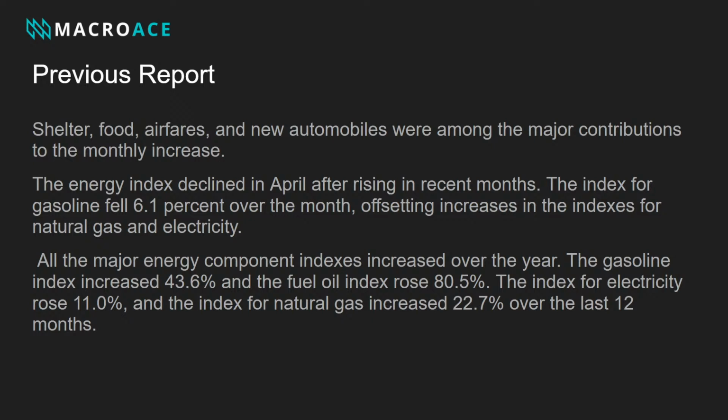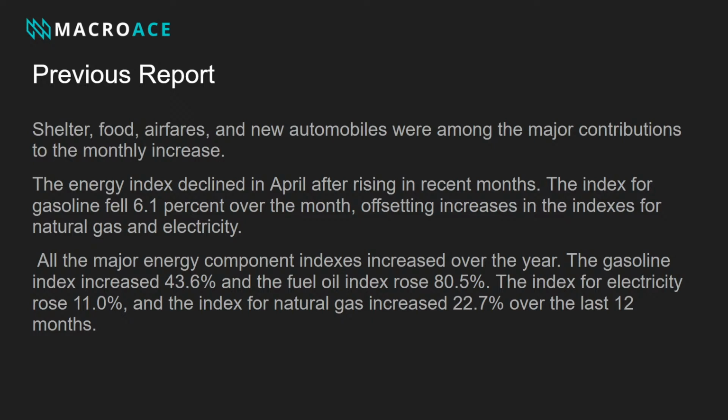However, on the flip side, if we're looking at the year-on-year index and how that's played out, all the major energy components increased over the year, right? Year-on-year compared to the previous year. The gasoline index increased 43.6%, and the fuel oil index rose 80.5%.